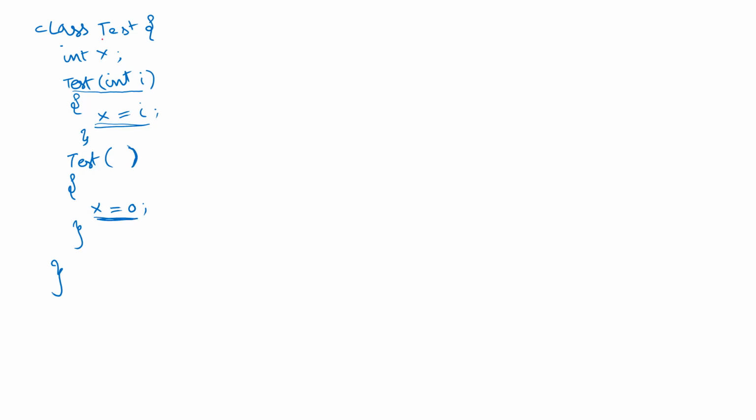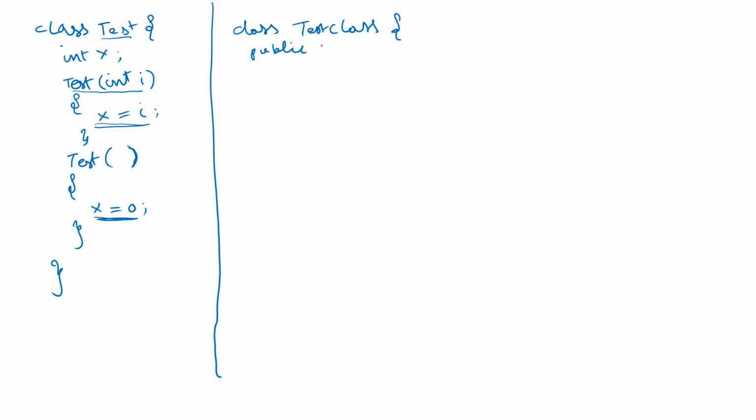Okay. So now here we have created one class Test, and I am creating another class here. So this is class TestClass I am creating, and what I am doing is, in the main method, public static void main(String[] args).